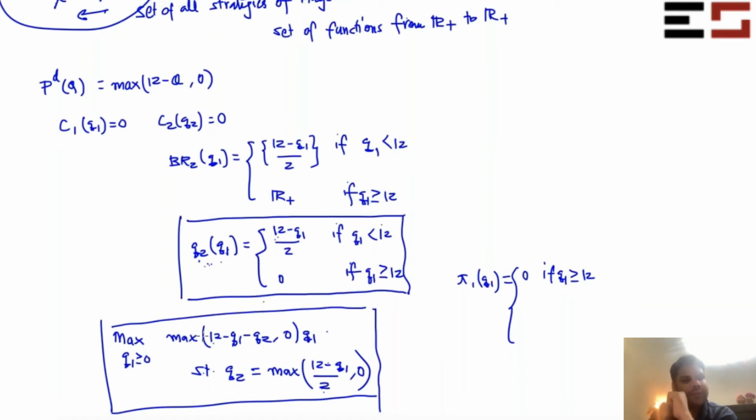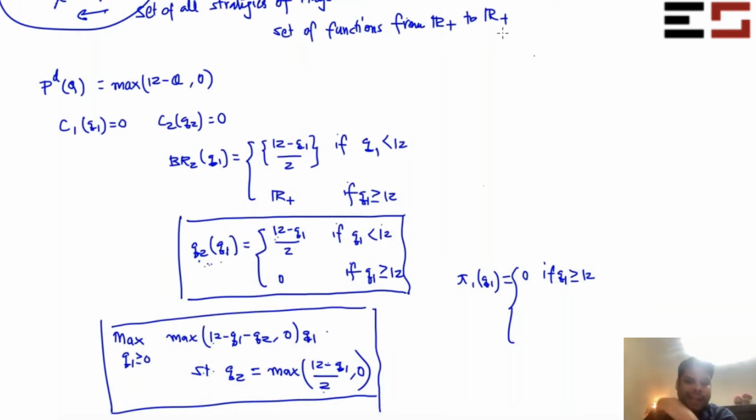So the price will be 12 minus Q1 by 2, which is positive because Q1 is less than 12. Since Q1 is positive, I'll get a positive profit in this case. Therefore any output greater than or equal to 12 is impossible. He's never going to choose that because he can always make positive profit by choosing an output between 0 and 12. Is that clear to everyone?